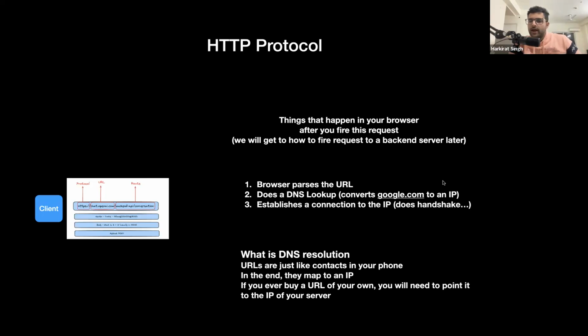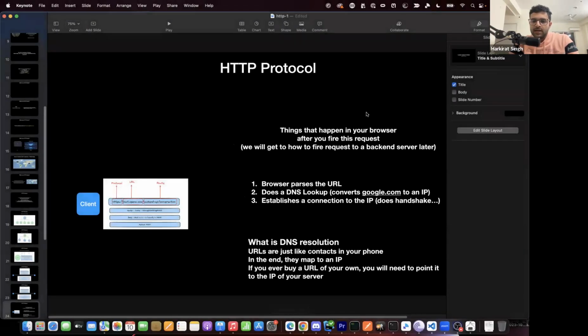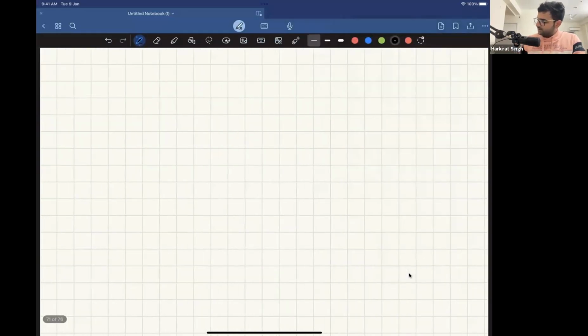The way to find your friend and call them is to put their phone number and click on call. Similarly, the way to find a server on the internet is to specify an IP. What is an IP? Think of it exactly as a phone number. It looks something like this: 237.1.22.55.